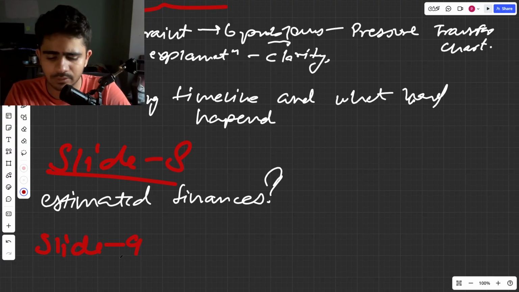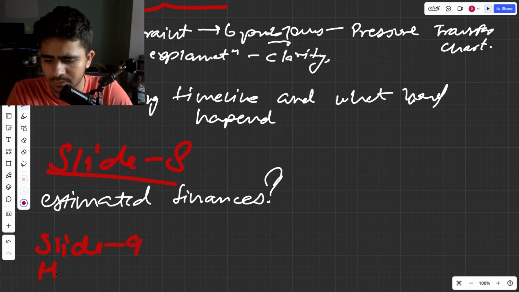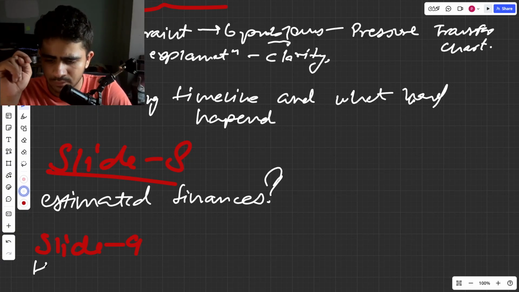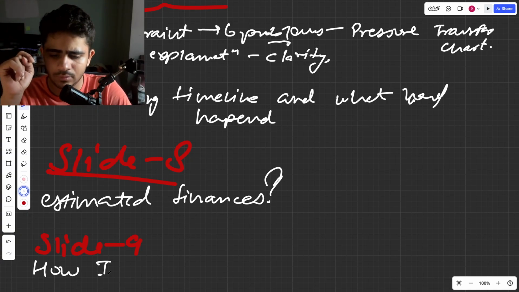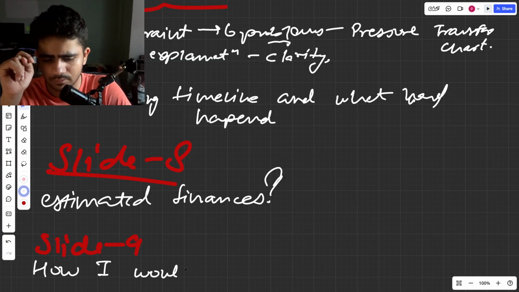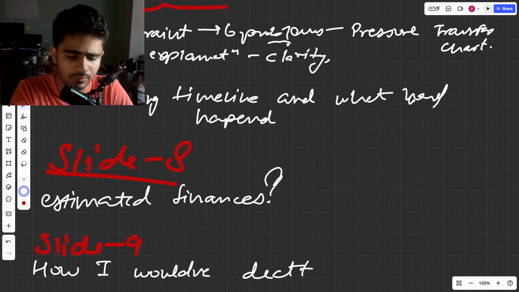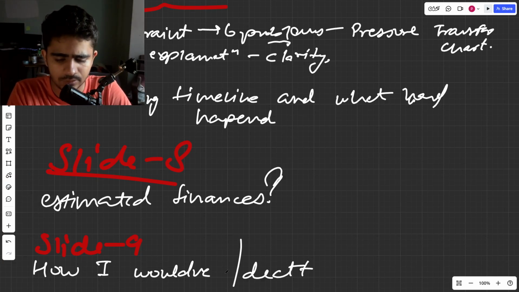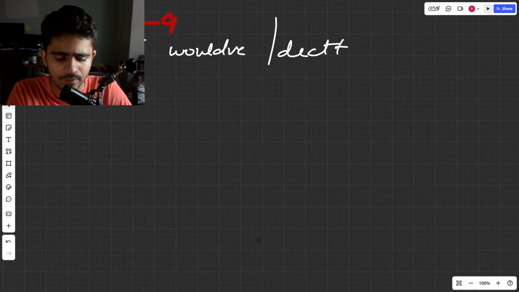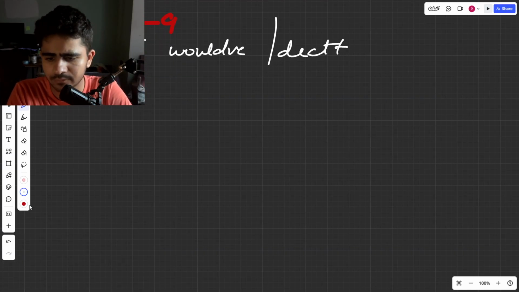Slide 9 can be how I would have dealt with it as their product manager. And slide 10 is the punchline.